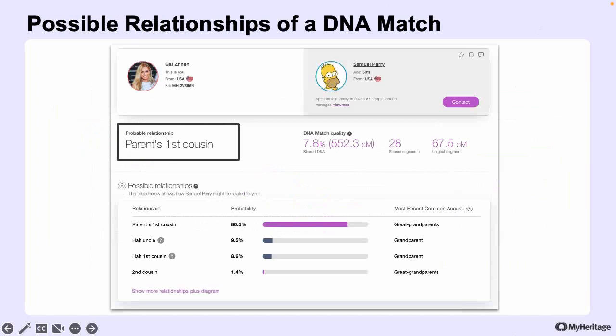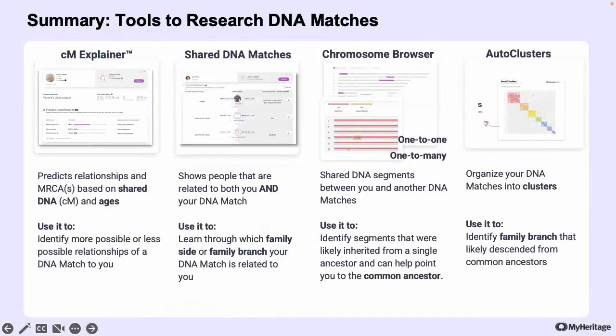So what's something that somebody should do if they suspect they're in that situation? Going back to the summary of the tools to use, I think in that case what will be helpful is to use DNA segments, which is under the chromosome browser, and to identify different segments in different people, like the match that you see that matches on both sides, but also the shared matches between both of you, and map these segments to a potential common ancestor.